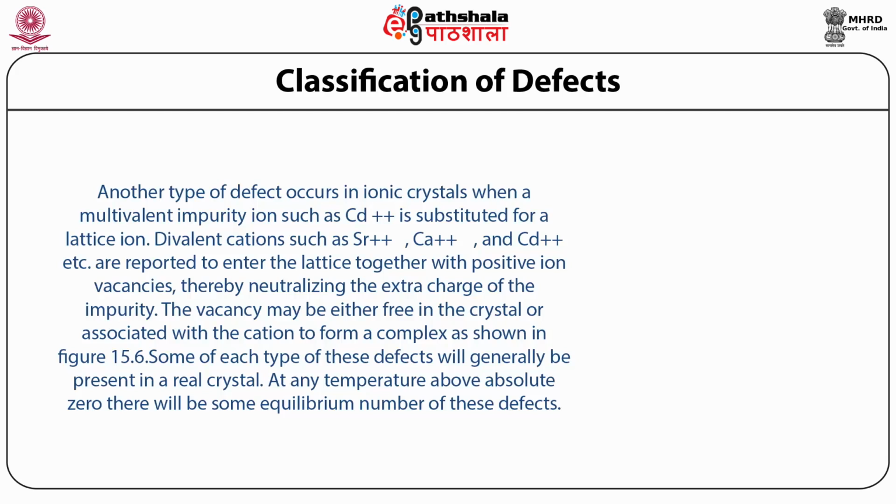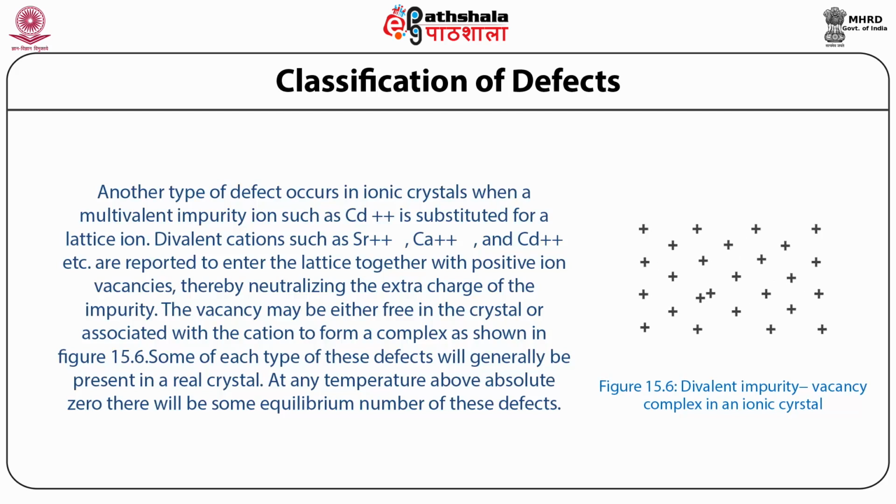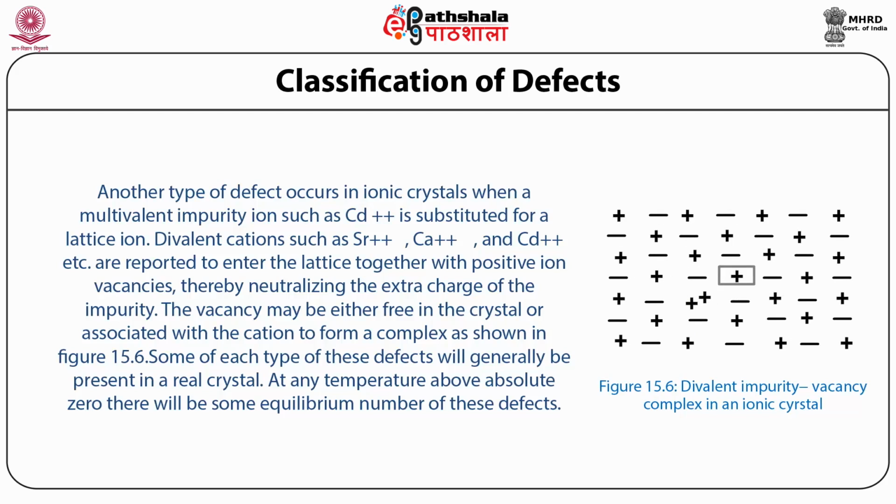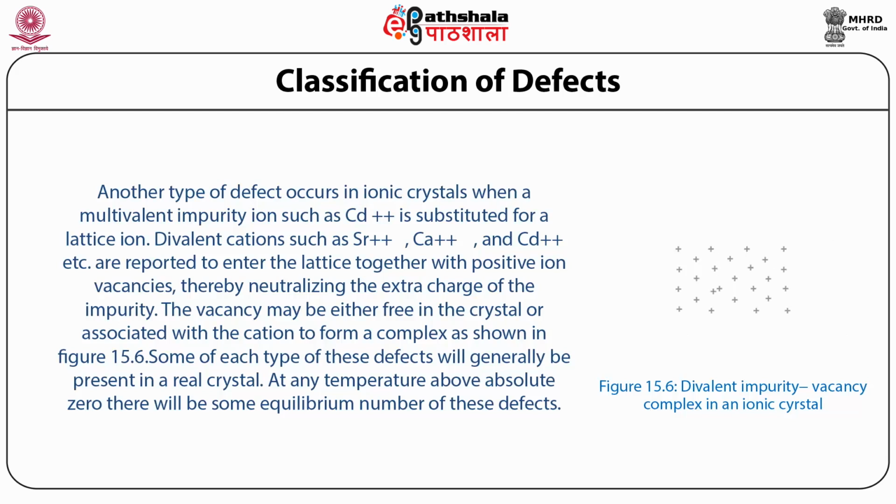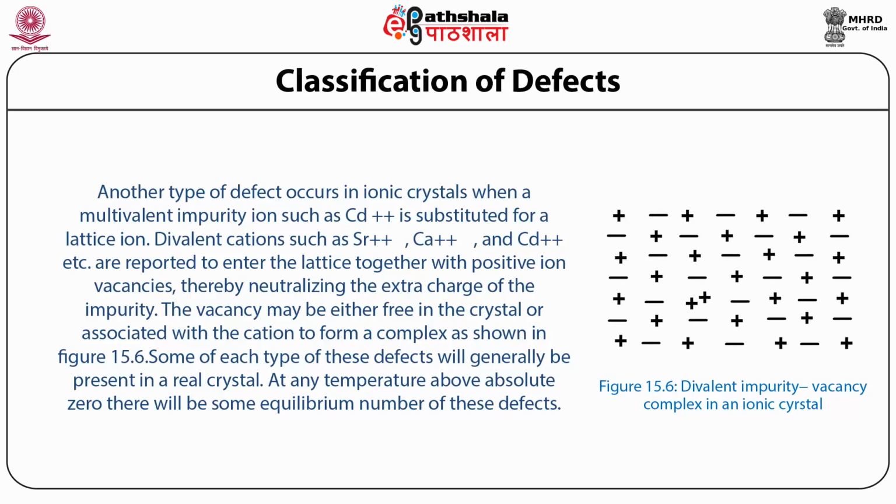The vacancy may be either free in the crystal or associated with the cation to form a complex as shown in figure 15.6. Some of each type of these defects will generally be present in a real crystal. At any temperature above absolute zero, there will be some equilibrium number of these defects. Figure 15.6 here shows divalent impurity vacancy complex in an ionic crystal.